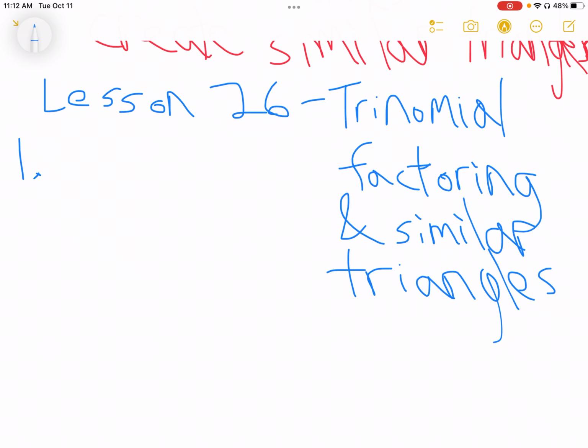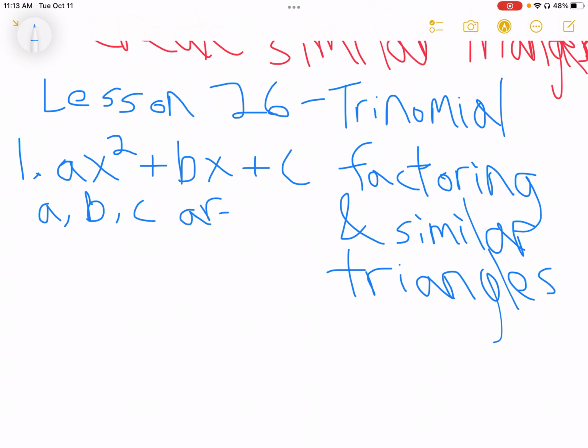We always want to set up our trinomial like this, with our biggest terms first: ax squared plus bx plus c, where a, b, and c are numbers. Don't think they're anything crazy here, they're just numbers. So we're set up like that.